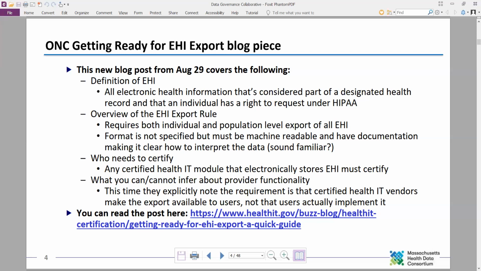So it's very possible that with all of the lessons learned since then, they would make a different choice now. But I suspect at some point there likely will be a follow-on rule which specifies a format. But that's just me speculating.